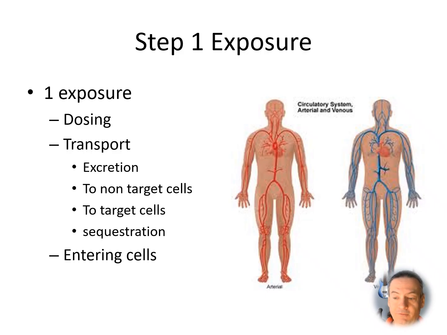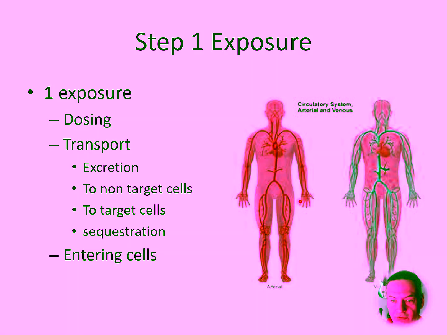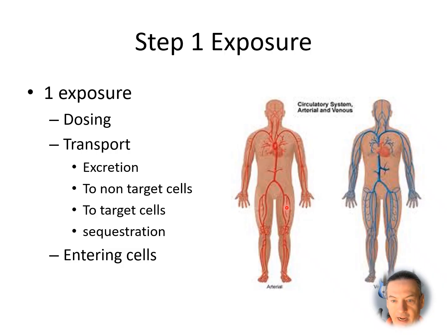So for example, let's think about a hepatotoxin, something that's going to affect your liver. If your liver is the target, and let's say you've been bitten on the leg by a snake, the poison is going to get transported and pushed through your various blood vessels, and some of it will end up in your liver, while the rest will end up in non-target organs. So let's say some of it ends up building up in your thumb.